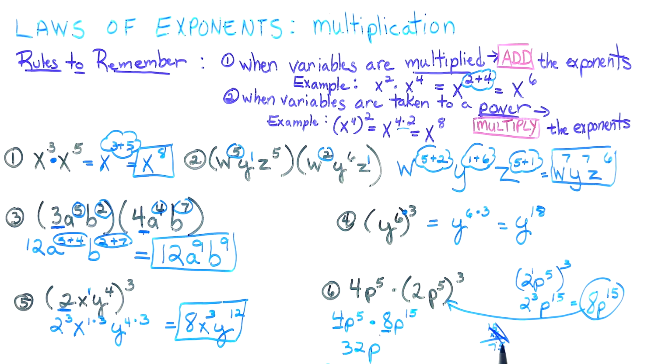We are not multiplying them. Looking at this problem, now this is just a multiplication problem. So we're actually going to say 5 plus 15. Notice we did a power, and now this is just a multiplication problem. So we end up with 32p to the 5 plus 15, so we know our answer is 32p to the 20.